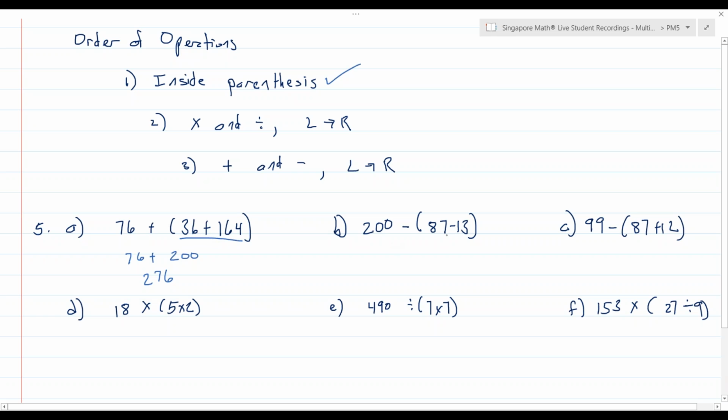And so in part B, look for parentheses, and I'm going to first subtract 87, subtract 13. That's going to leave me with 7 tens and 4 ones. 200, subtract 74. Remember how we subtracted?